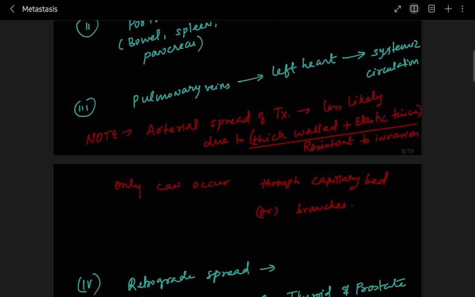If there is a chance of arterial spread, it only occurs when the artery becomes capillary, through the capillary bed or small arterial branches, because there the wall becomes a little thinner. From there it is easy for the tumor cells to come out and metastasize. But generally the arterial spread of tumors is less likely. Understood? So remember this part.